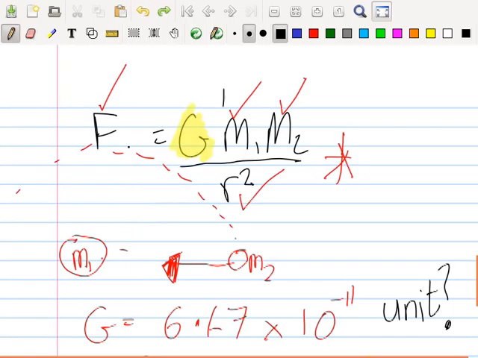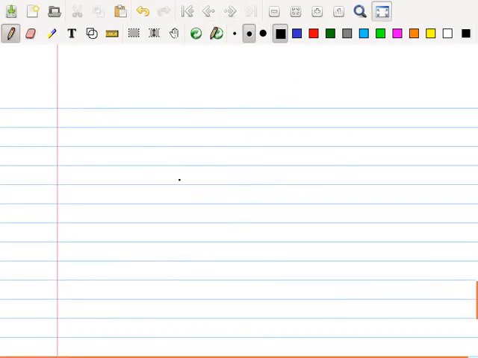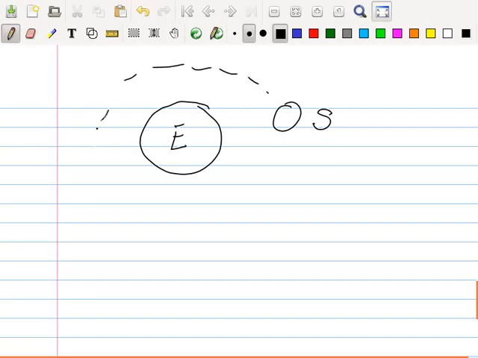So, let's just do one example and we'll finish, okay? So here's our Earth, and let's say here is our satellite, our Sputnik, whatever. What do you think happens if the time is 1 day to travel around the Earth?